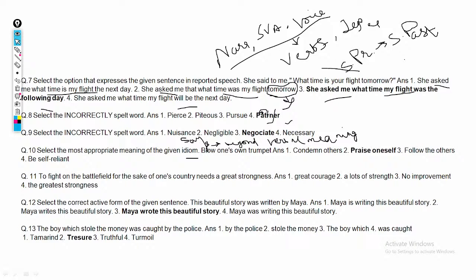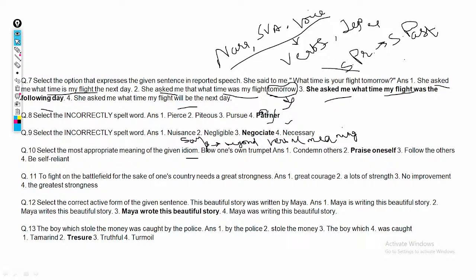So number 1 option is condemn yourself, right? Blow one's own trumpet means when you praise yourself. When you say that you have done a great job. For example, you have done something worth mention or worth applause, something very good, and you are informing people about that yourself.